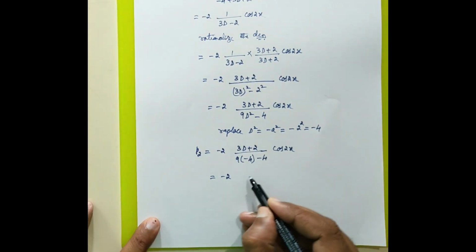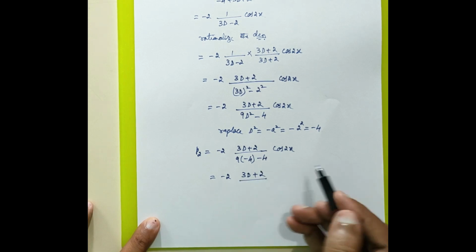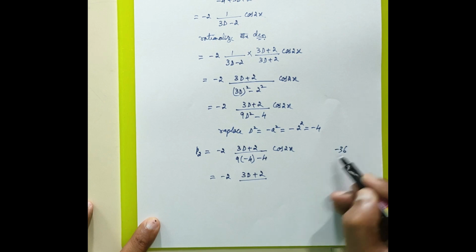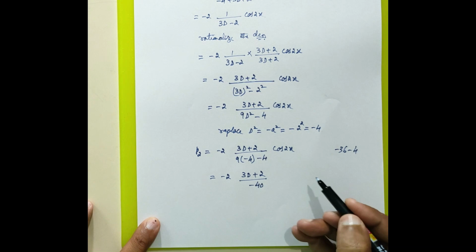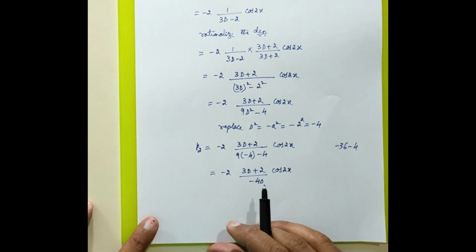This will be minus 2 times of 3D plus 2 divided by, 9 times of 4 will be minus 36, and minus of 4 will be minus of 40, and this cos 2x will remain as it is.